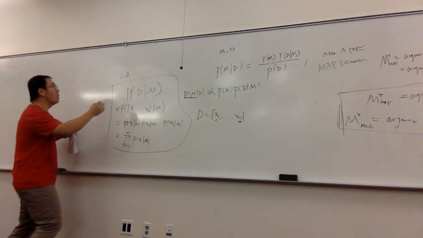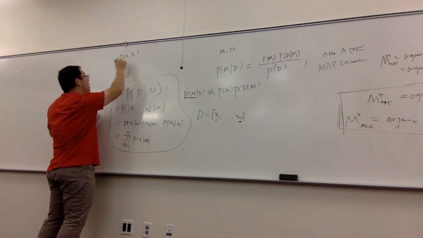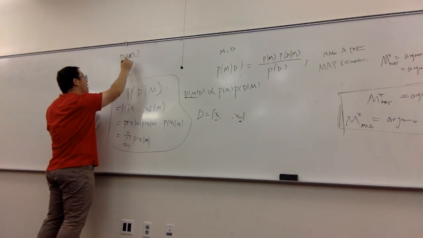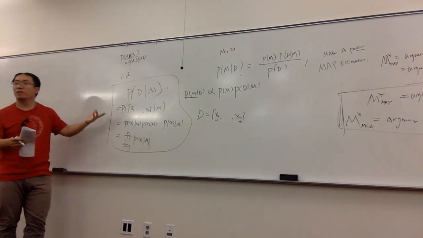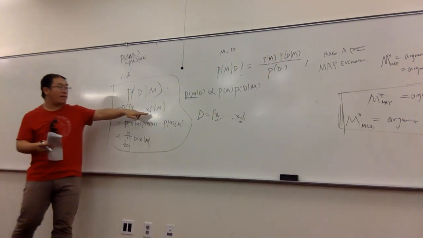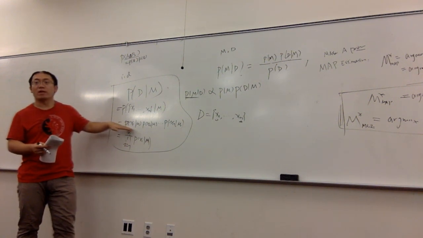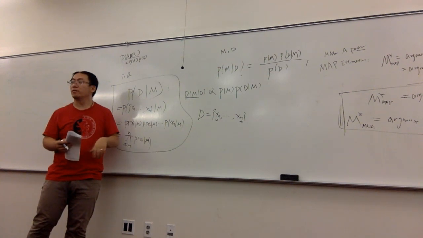For two random variables A and B, independence means that the joint probability of A and B, more accurately the intersection, is P(A) times P(B). Similarly, if you assume these n data points are independent, then their joint probability is the product of the probability of each data point.